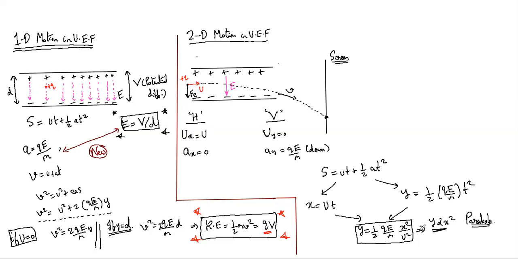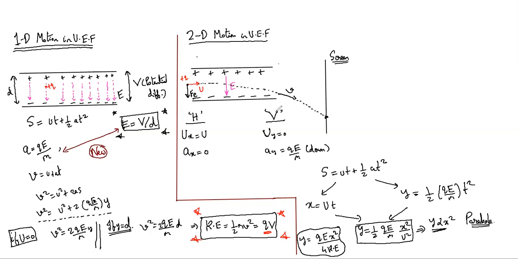Simple. One more form we can write is y equals qE x square by 4KE. ठीक है, ऐसे भी लिख सकते. So this is the equation for a particle in 2-dimensional motion.